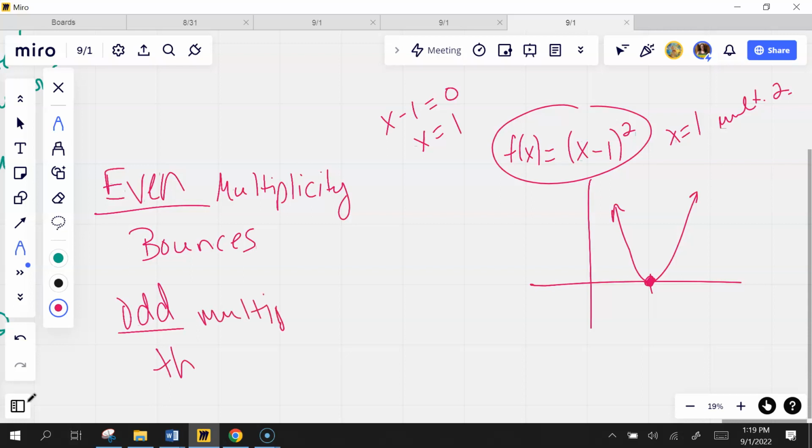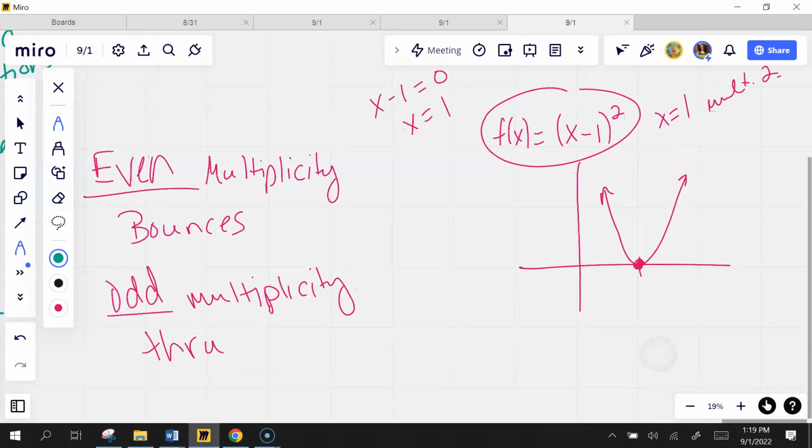If it's odd multiplicity, it goes straight through the x-axis.